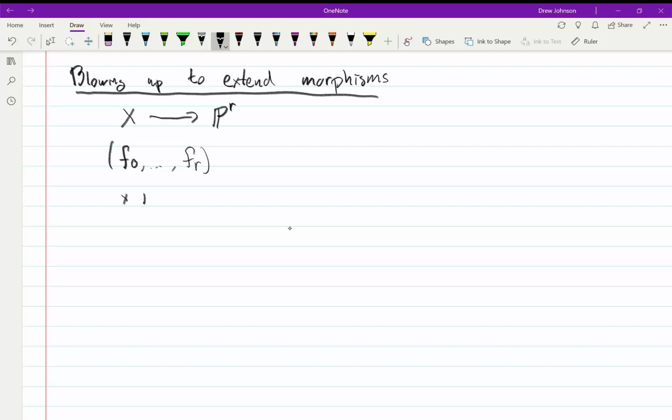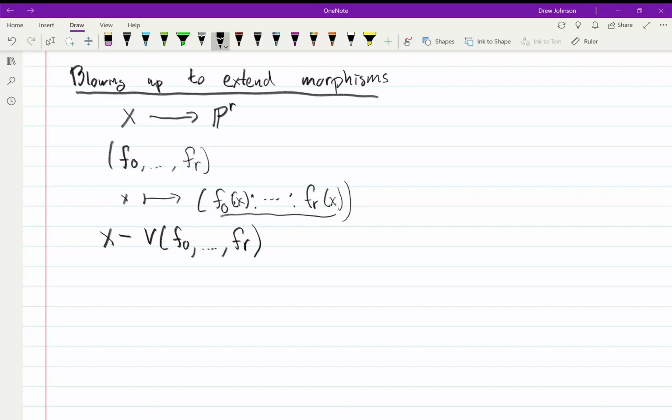The map takes a point x to the point with homogeneous coordinates f0 of x up to fr of x. Okay, and that was a good map. Now this map is well defined, not on all of X, but on X minus the vanishing locus of f0 through fr. Right, because if all the f's are 0, then we don't get a well-defined point of projective space.